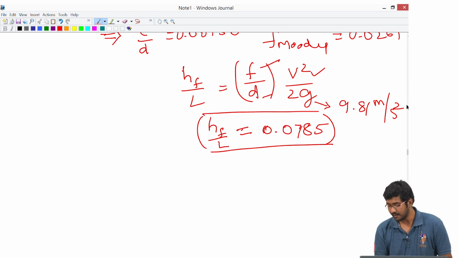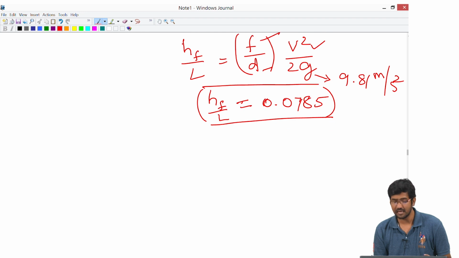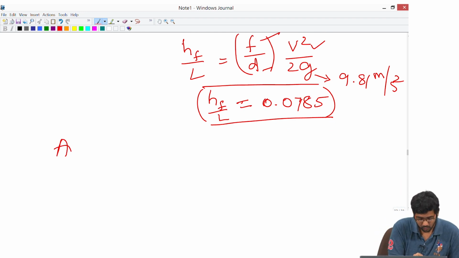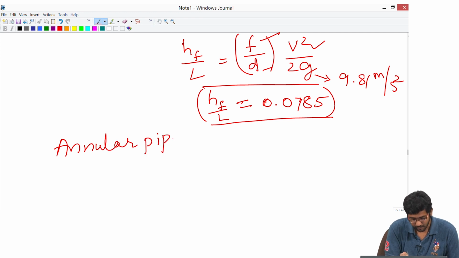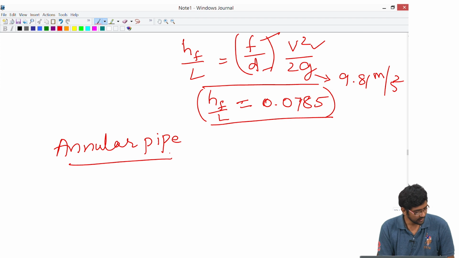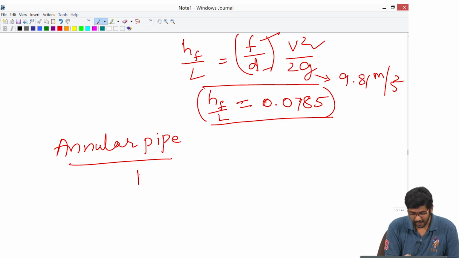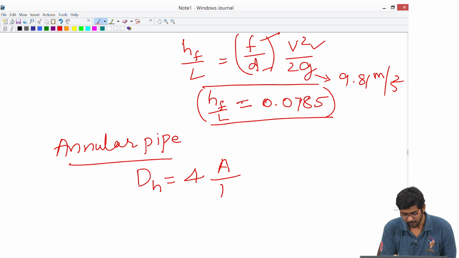We will repeat the calculations for the annular pipe, but in the case of an annular pipe, we need to use the hydraulic diameter. So, calculations for the annular pipe. The hydraulic diameter is defined as 4 times the area by the wetted perimeter.